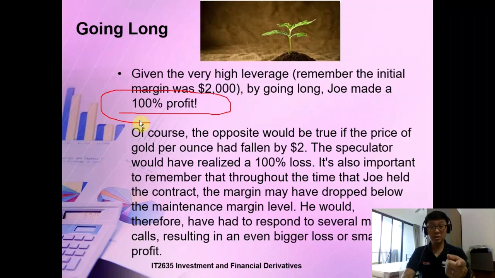You use $2,000 and actually make 100% profit, so that's $4,000. That's a lot. But if the price goes the other way, then you might lose the $2,000, a 100% loss. That's quite bad. So this is leveraging. That's why when you do leveraging, you have to be careful. And if the margin falls below the maintenance level, you have to top it up again.